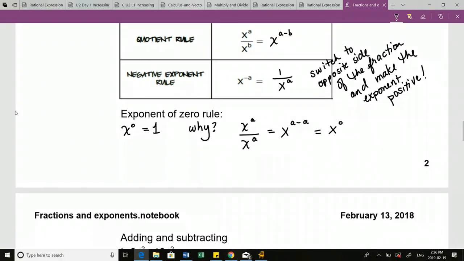So I know that x to the a over x to the a is x to the 0. Agreed? Okay. On the other hand, I also know that anything divided by itself is equal to what? 2 divided by 2, 3 divided by 3, 1. So x to the a over x to the a I know is actually equal to 1. So therefore 1 must be equal to x to the exponent 0. Okay, that's a really simple proof that we can use to show why this is equal.